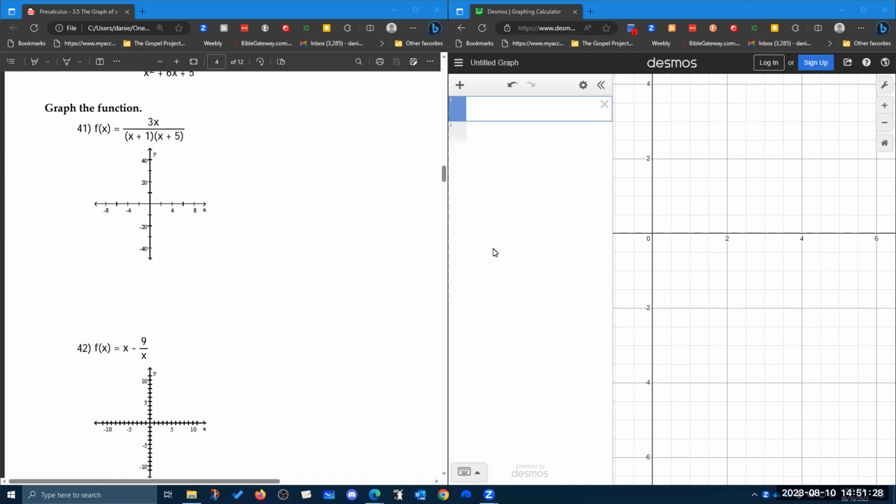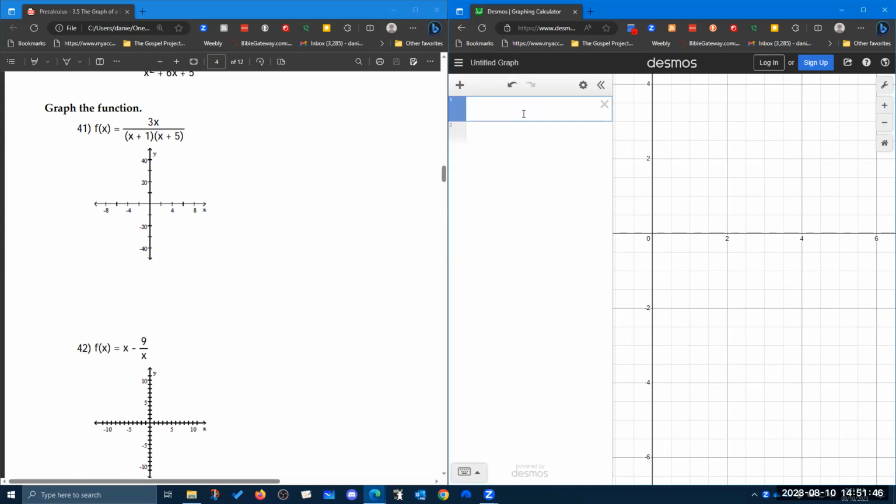Here I'm going to just use the Desmos graphing calculator and zoom in and out as necessary. I'll show you the interesting points that we're going to want to find along the way, and I'll talk about how to arrive at some of those numbers algebraically.